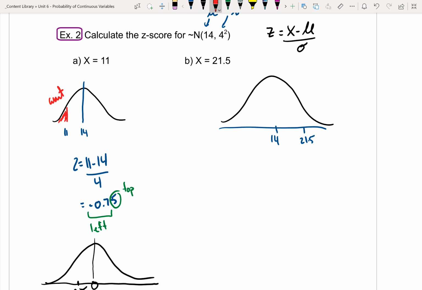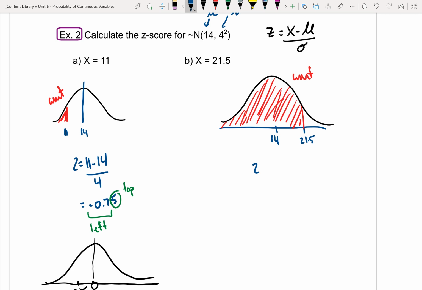So basically, again, I'm looking for everything underneath the curve. We're using a z-score to help me figure out the probability of getting a value of 21.5. So basically, I'm using that z-score to find everything that is underneath the curve in this section. So this is what I want.